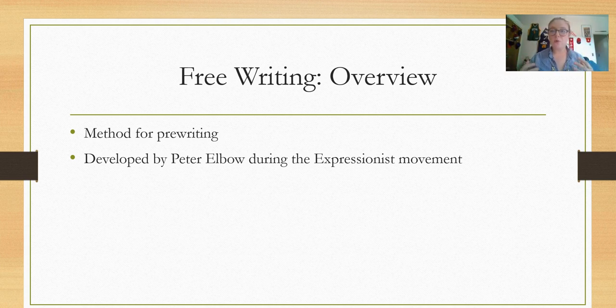To contextualize free writing in a bit more detail, it was developed by a scholar by the name of Peter Elbow during the Expressionist movement that came out of the 1960s and 70s.